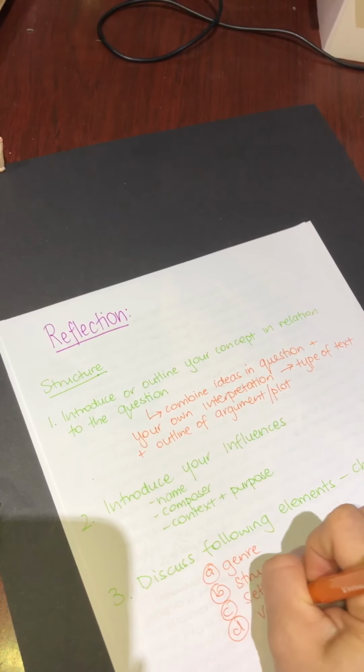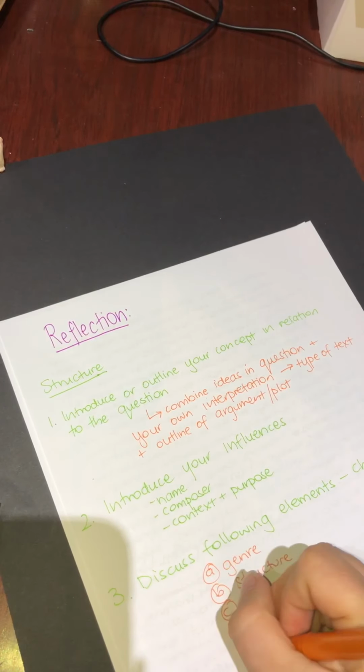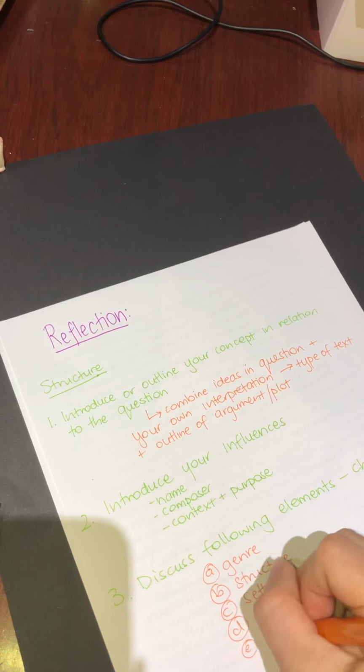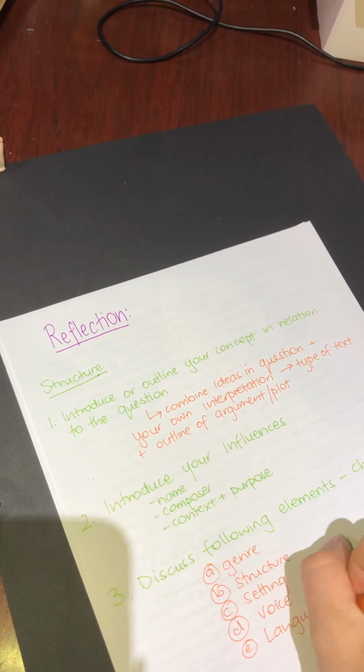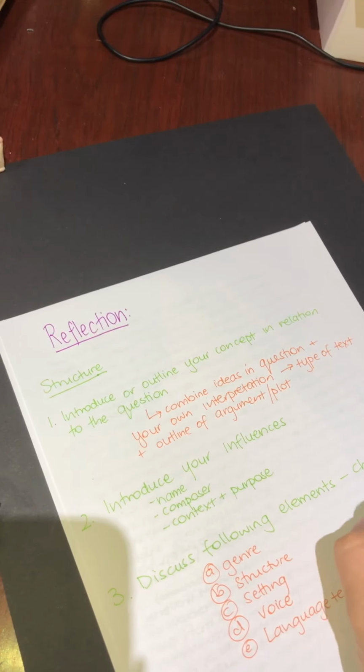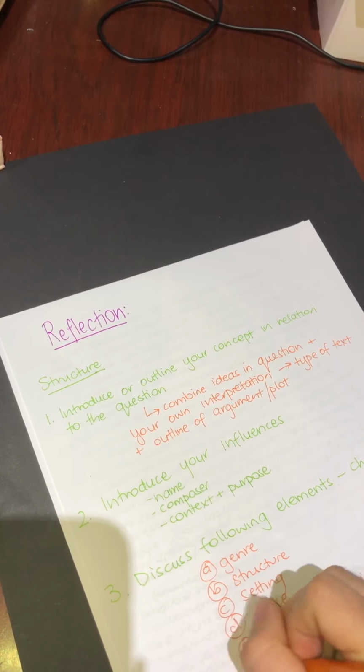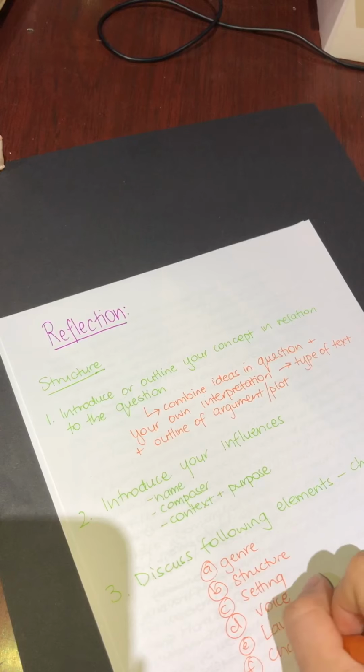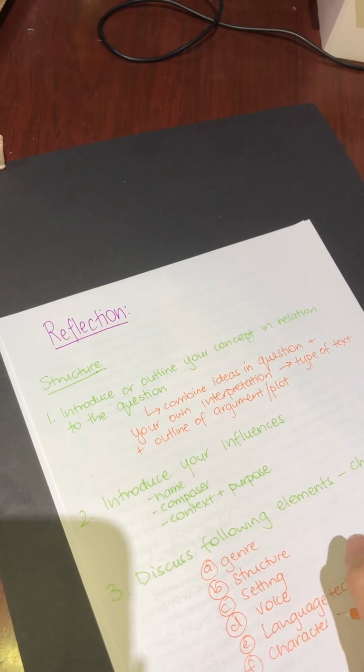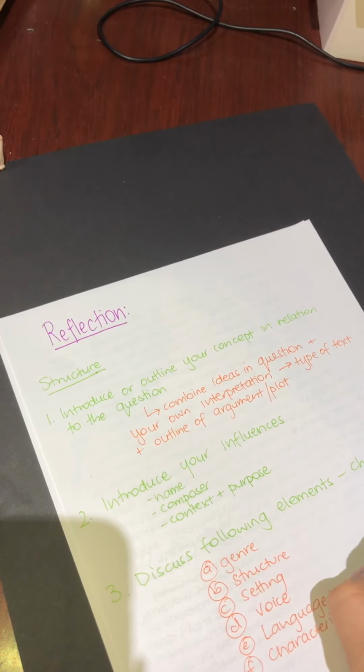Maybe voice. Maybe language techniques. Maybe characterization. If you have other ones that you think are applicable and you'd like to talk about, then by all means, that's what you should be doing.